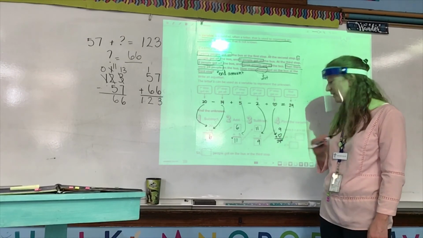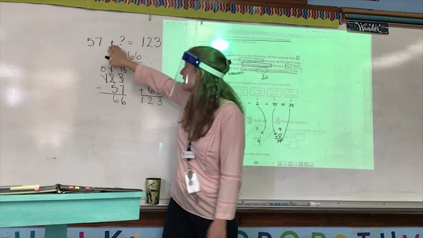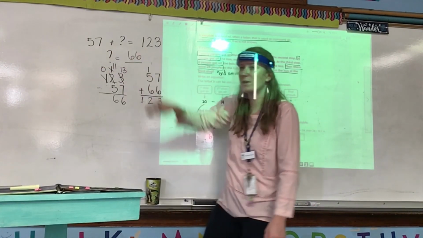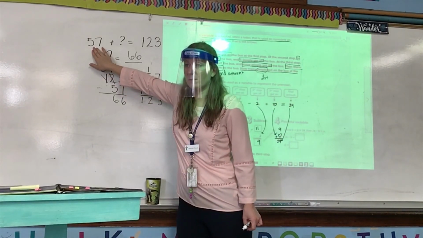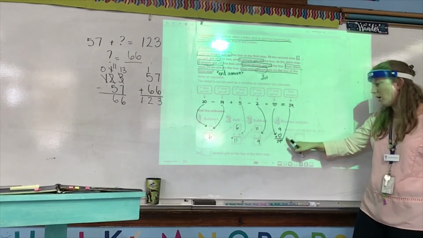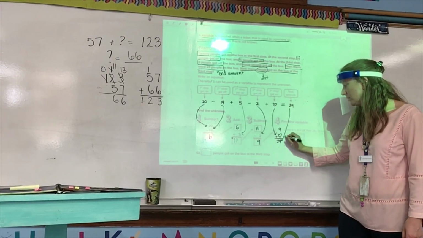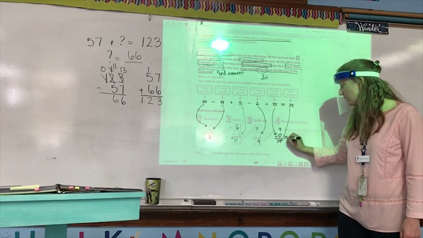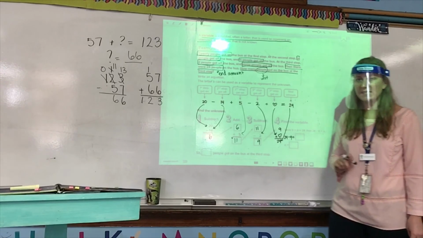equals 24. Well, we said earlier, we had 57 plus something equals 123. To solve that, we took the part of the problem we knew and we subtracted it from the answer. So all we have to do here is subtract the part we know, which is 9, from the answer, which is 24. 24 minus 9 equals what?